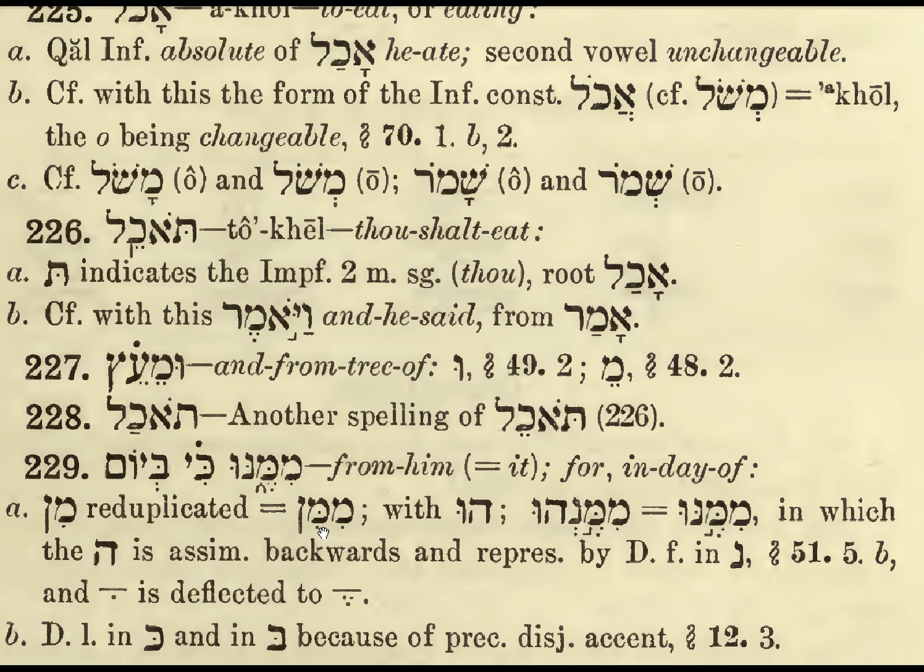Mi, so mimin. This is the form here. Mim minhu contracts to mim minnu, in which the he is assimilated backwards, and it's represented by a dagesh forte in the nun here. So this disappears, and this letter gets doubled to replace it. Mim minnu.